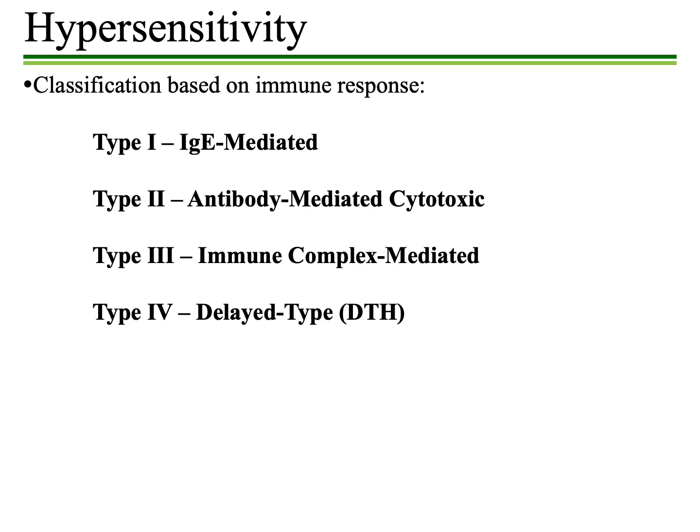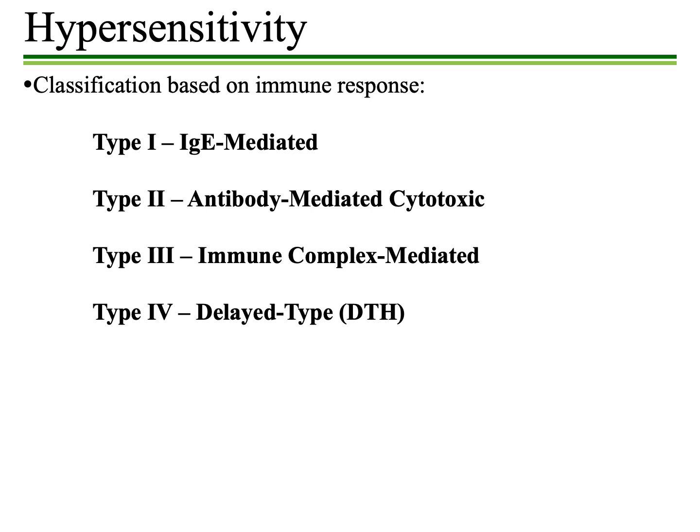Type 2 hypersensitivity is antibody-mediated cytotoxic sensitivity, and in this particular case, antibodies are utilized in a situation to cause a cytotoxic effect, and we will look at this particular example in a little more detail as well.